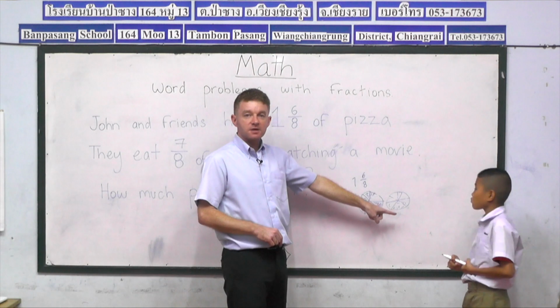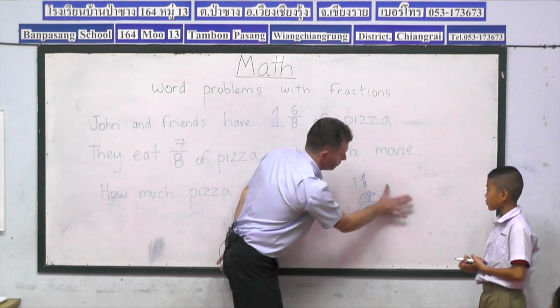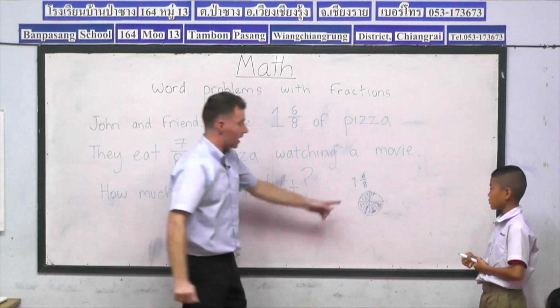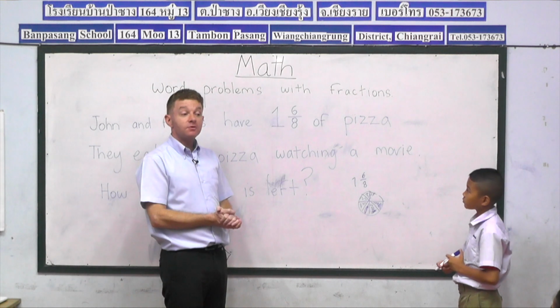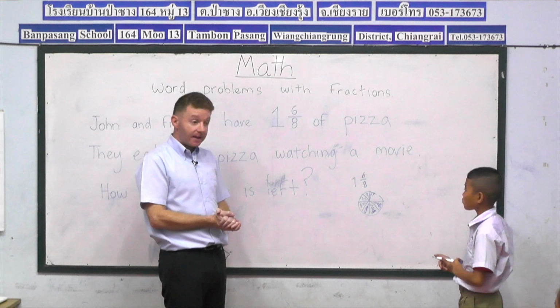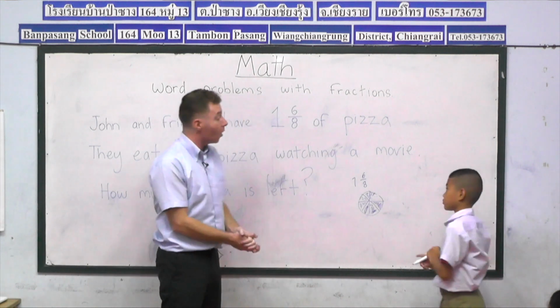Now, this pizza is finished. No more slices left. So we can remove. Now, how many slices of pizza remain? 7/8. So you see, we can write our answer now, Pangpon, 7/8.